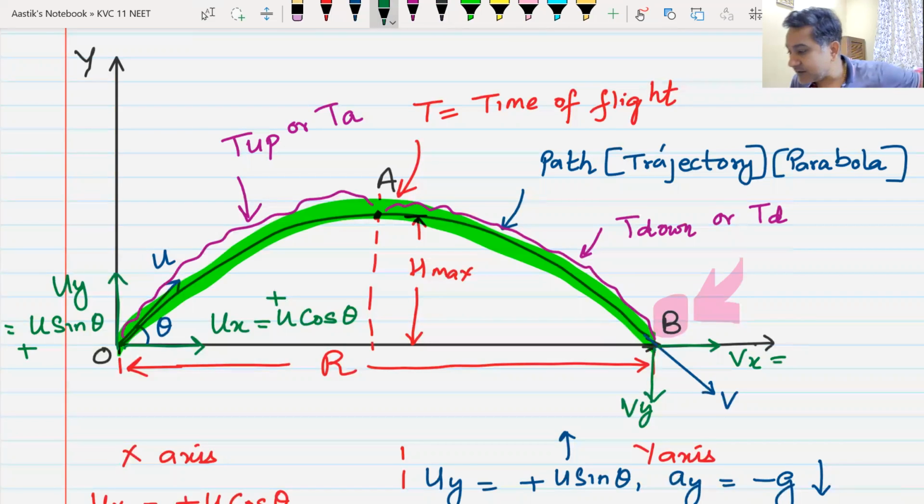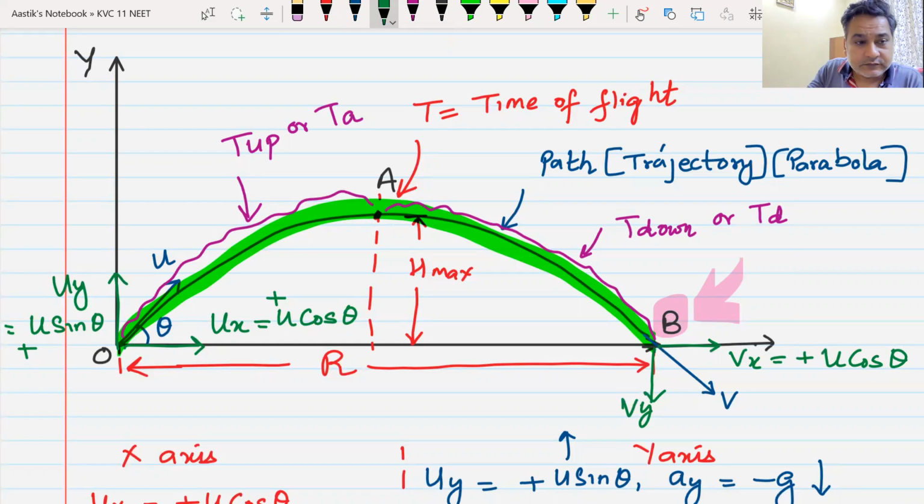What will be the value of Vx? Think patiently. Answer it. What is the value of Vx, beta? Plus u cos theta. Well done. See, if you just answer everything patiently, plus u cos theta.